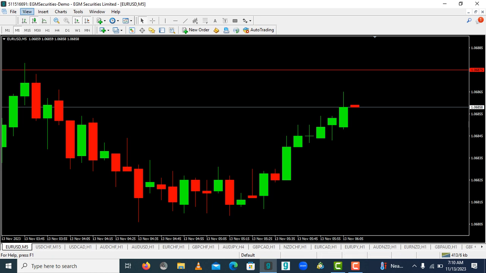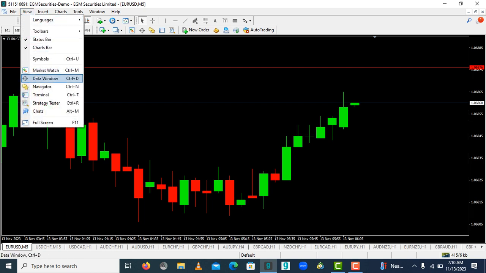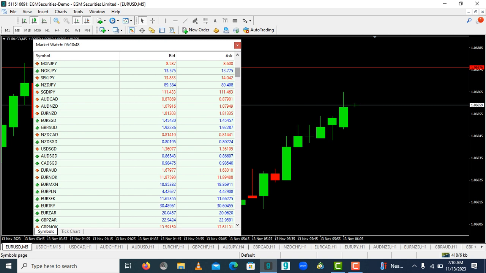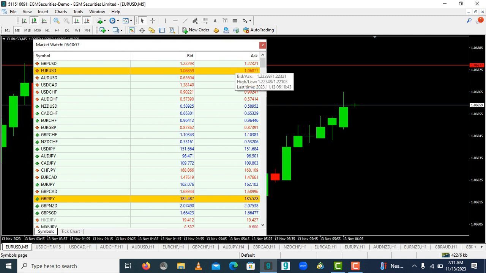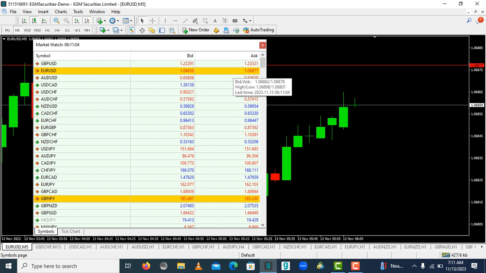Let's get back to the market watch so that we can illustrate in a better way. When you look at these pairs, in case you subtract the bid and ask, what you get is the spread. That difference, for the case of fixed spread, remains a constant.